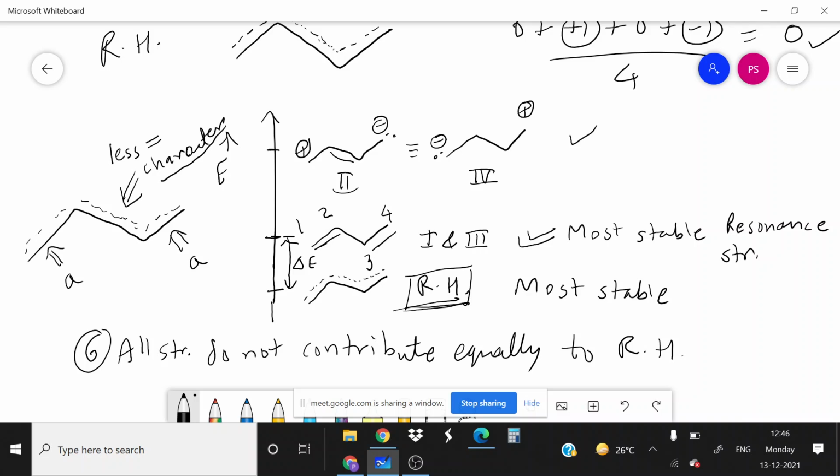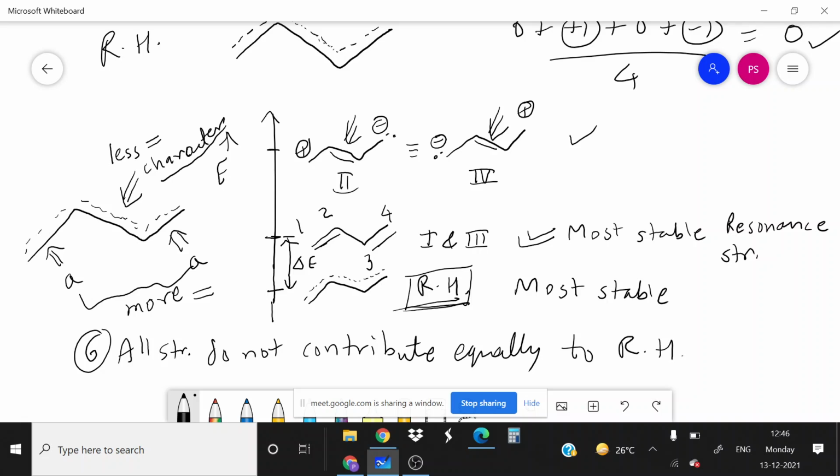Why? Because the double bond is here in structures number second and fourth, and their contribution is less. That's why double bond character is less here, and double bond character is more here.